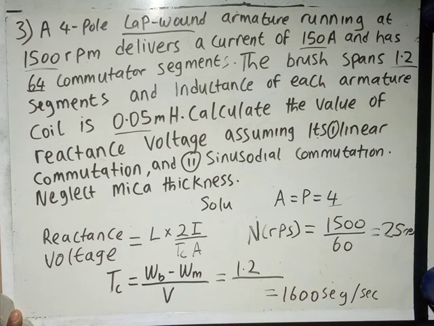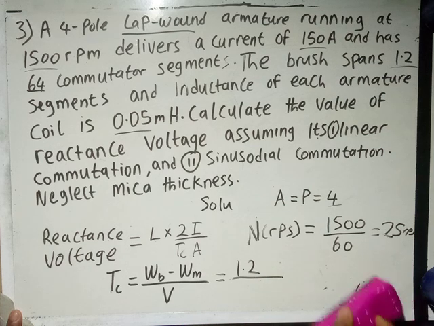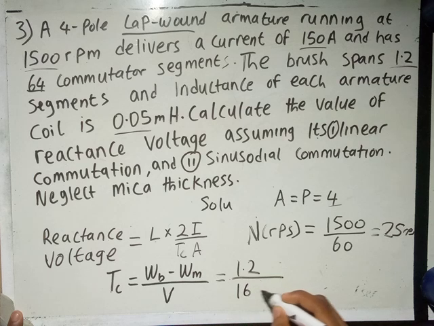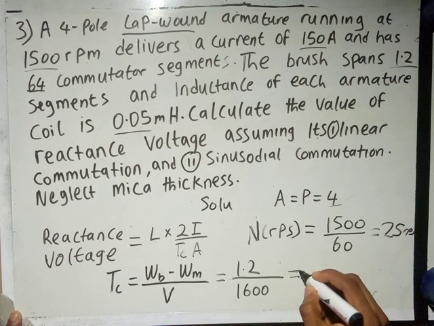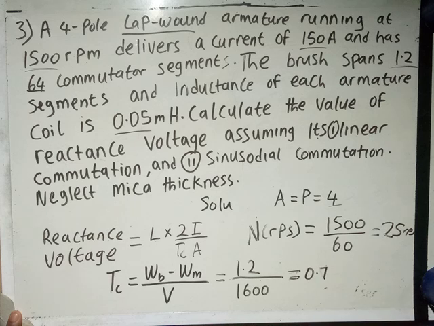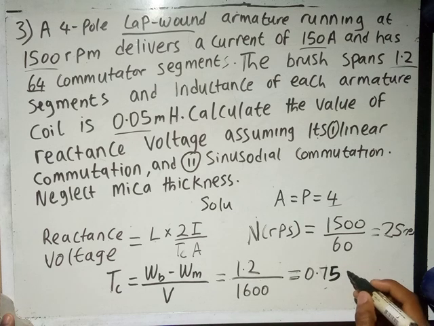Now in the calculator you input 1.2 divided by 1600, and you have that your answer is 0.75 milliseconds.